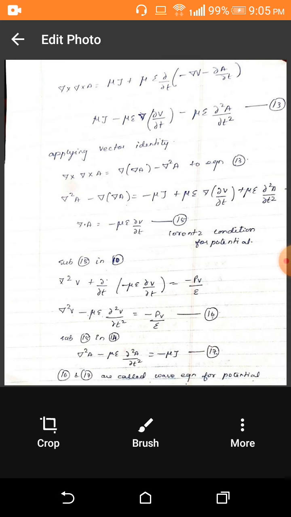Simplifying this, we will get mu J minus mu epsilon del dou V by dou t minus mu epsilon dou square A by dou t square.